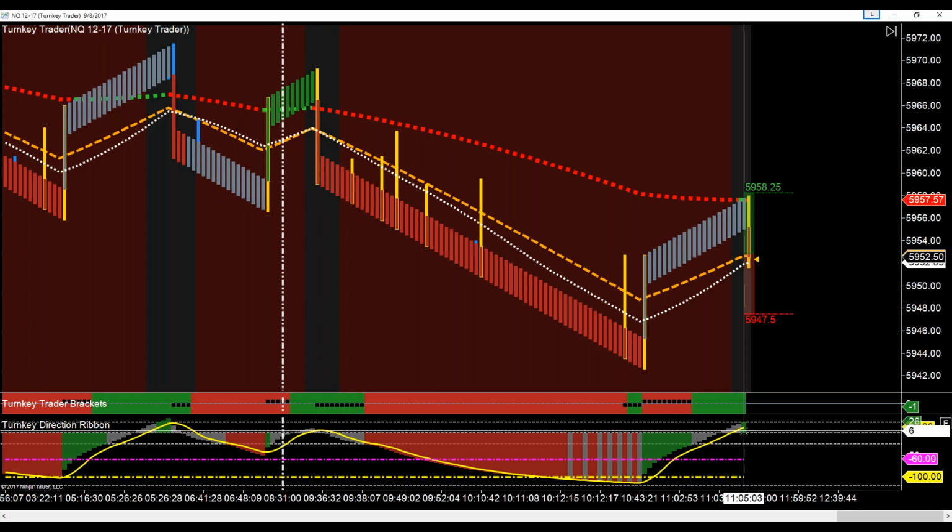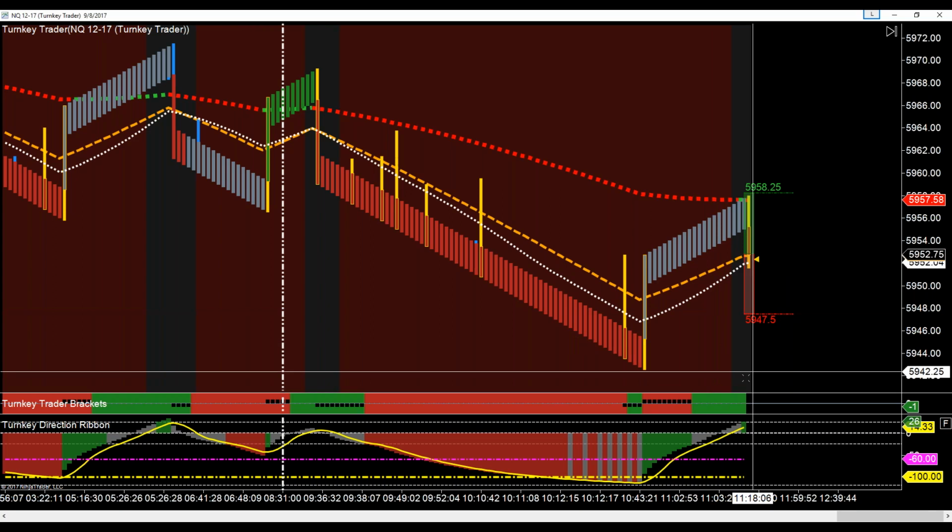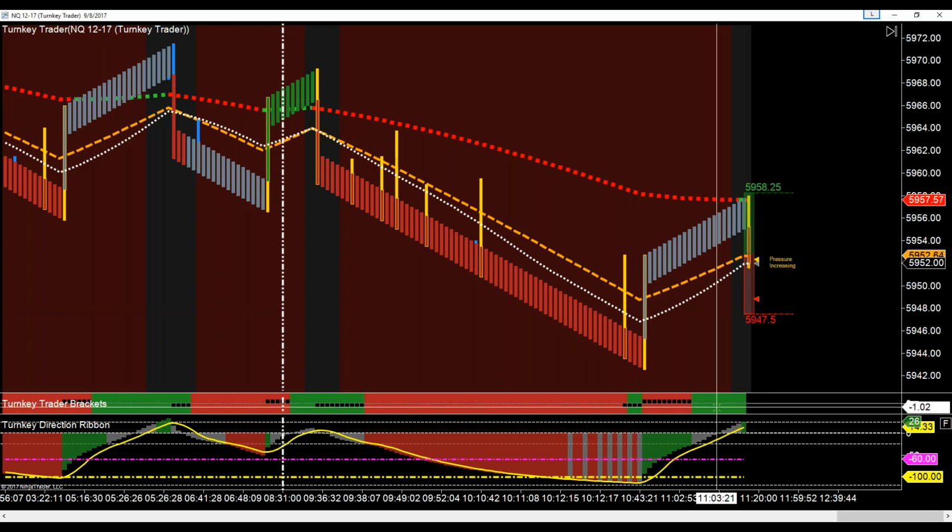So this is not going to be a bounce, but to answer your question, the bracket doesn't have to coincide with the bounce trade. We actually don't really look at the bracket at all with the bounce trade.